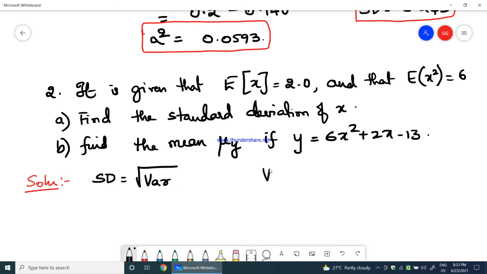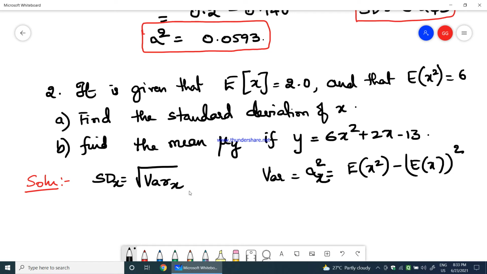The variance equals sigma square, which is equal to E of x square minus E of x the whole square. So this is the variance of x, and the standard deviation of x is asked, which is the square root of variance of x. Now variance of x is sigma x square, which is equal to E of x square minus E of x the whole square, which is 6 minus 2 square, which is 4. So therefore sigma x square I will be getting 2.